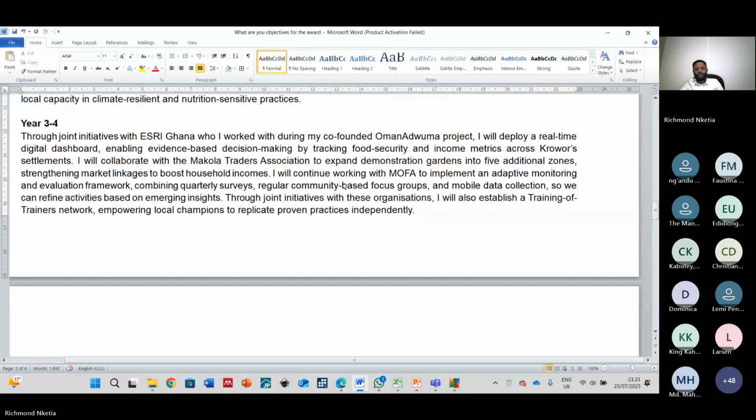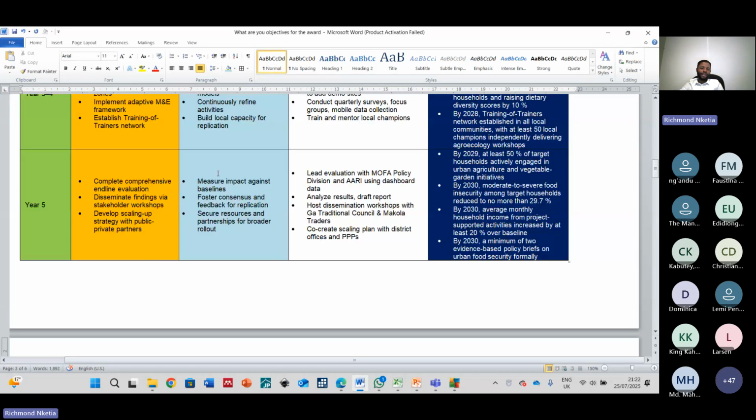I also look forward to working with the Ministry of Food and Agriculture to implement an adaptive monitoring and evaluation framework, combining quarterly surveys, regular community-based focus groups, and mobile data collection, so we can refine activities. Remember, I said I want to do this because I want to track the progress of what I'm doing, whether or not I'm on track. Am I slipping off?